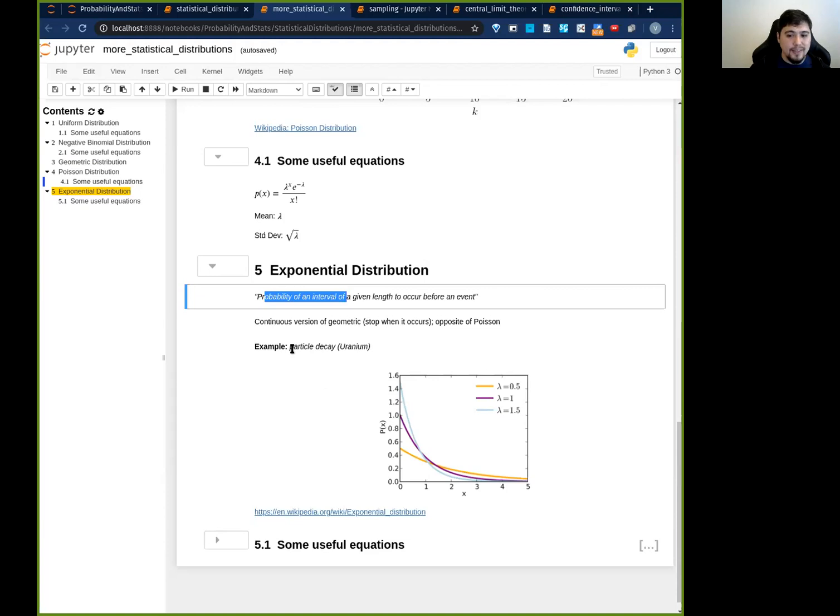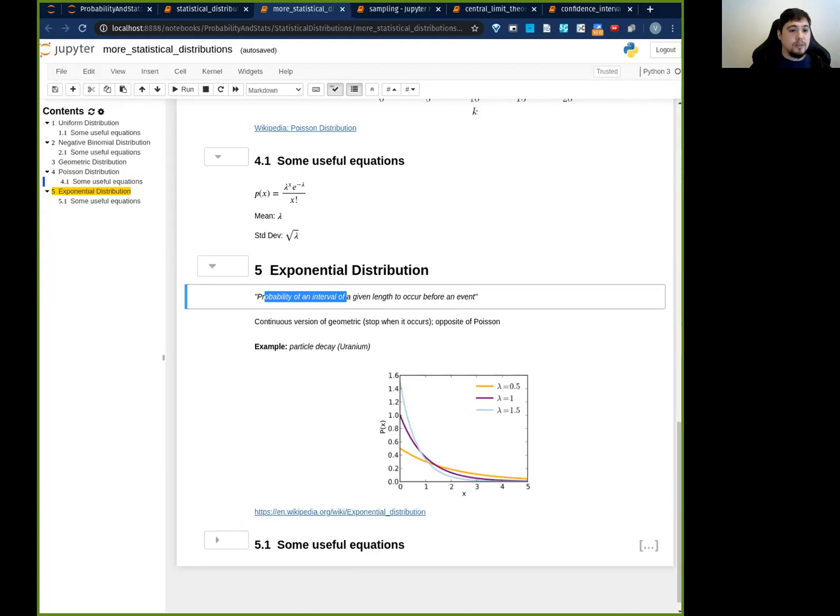A classic of this is particle decay, but you can apply it to things that over time you would expect to decay. This is actually something that we expect with the coronavirus right now. If everyone's familiar with R naught, the R factor for coronavirus, or I should say COVID-19 specifically, the idea is that we wanted that less than 1 and that eventually the numbers would go down for the number of people who would be infected, since each person who was infected could potentially infect someone else.